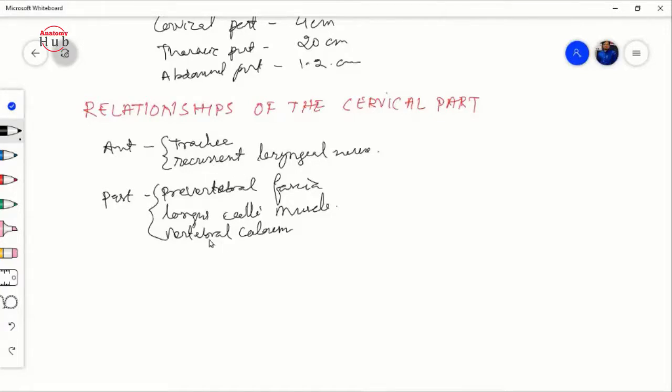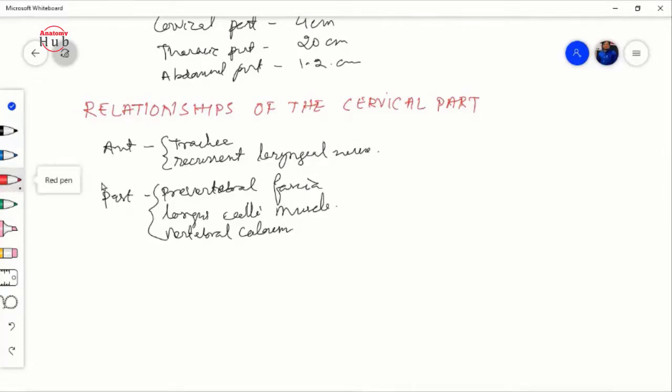That means this prevertebral layer of the deep cervical fascia creates a movable base, where the trachea and esophagus move up and down during swallowing and phonation, or you can say during deglutition and phonation.